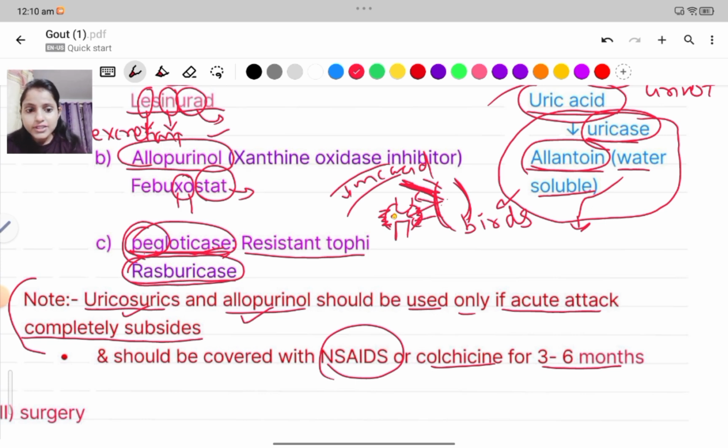After the acute attack subsides, there is decreased permeability of the joint. After that, we can give uricosurics and allopurinol.